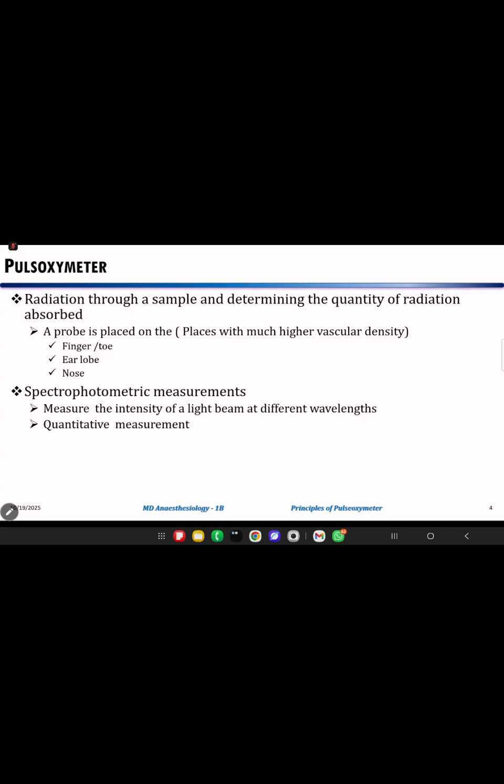Those are the common sites that we use to measure pulse oximetry. After the measurement of the absorbed radiation, there will be a quantitative measurement using spectrophotometric measurements.